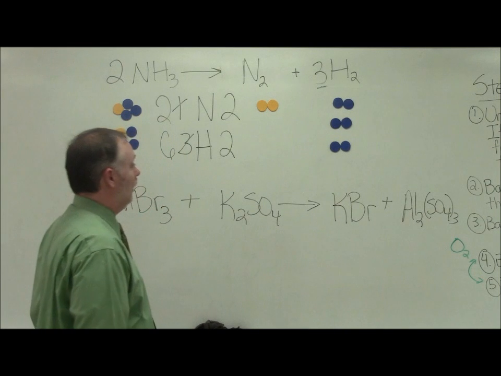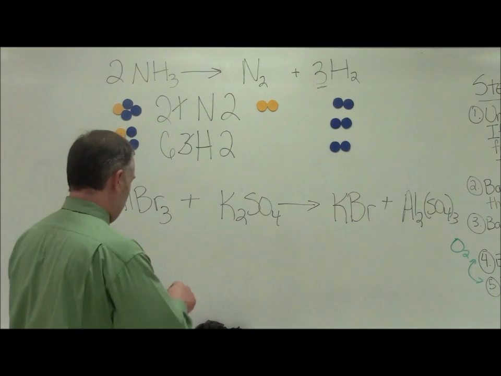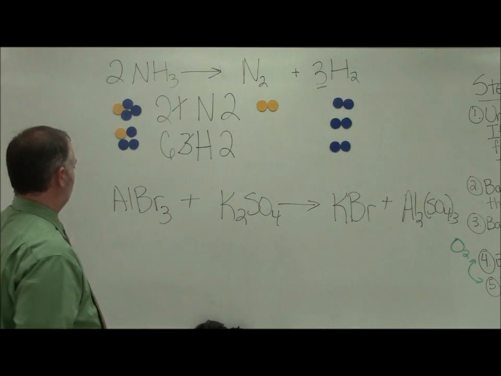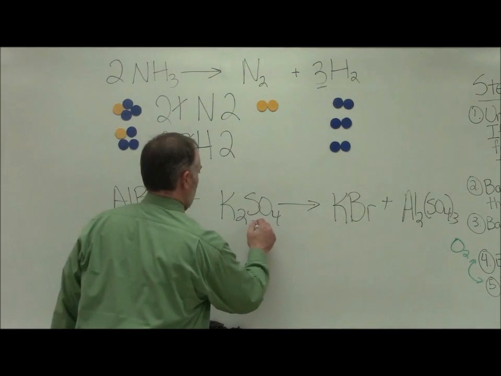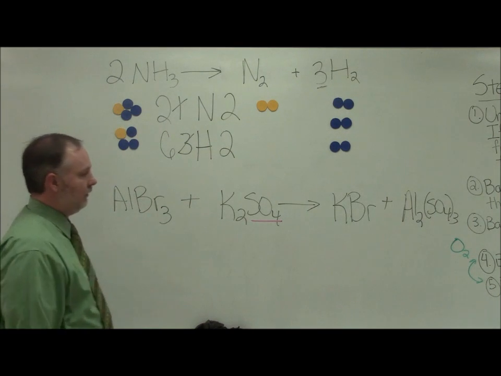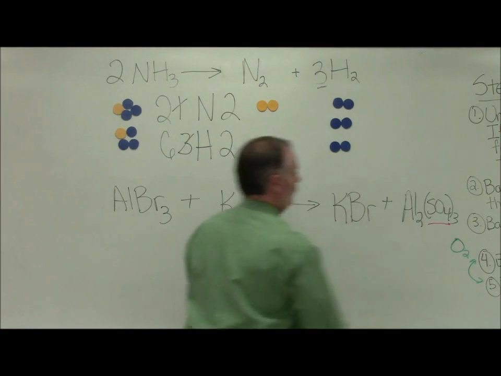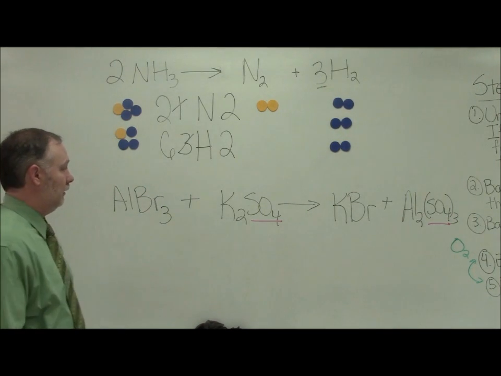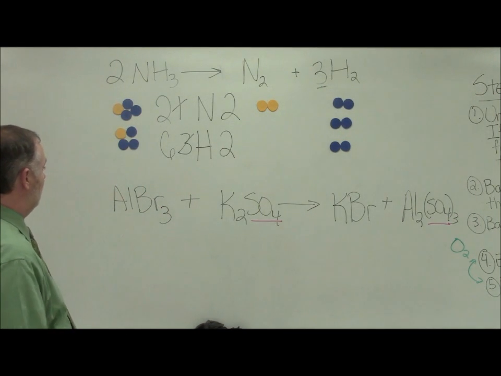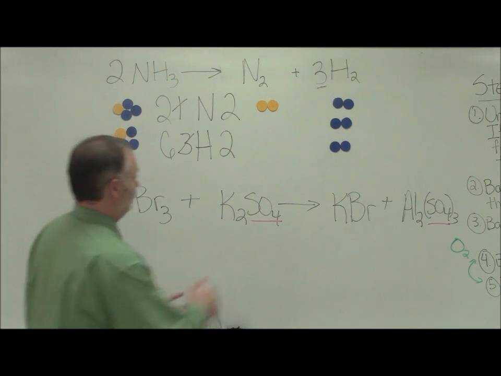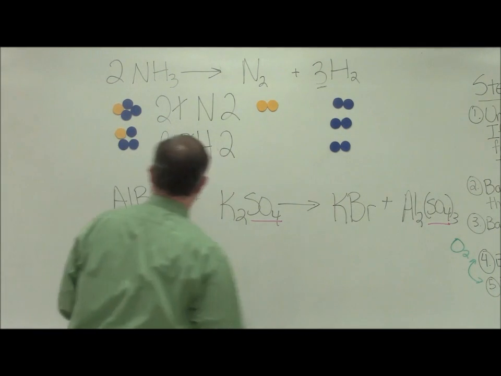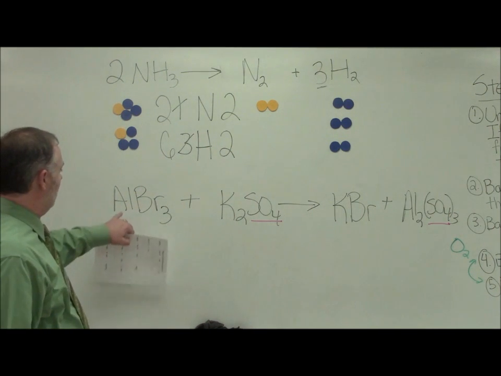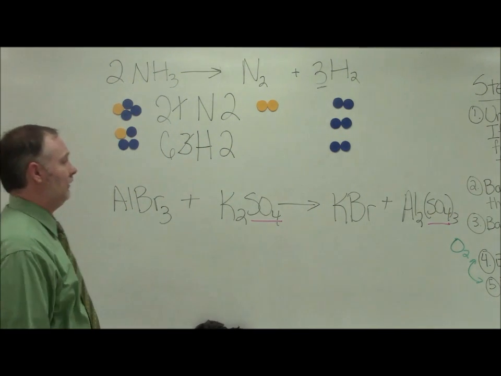Alright, no problem. Okay, so first step, underline the polyions, because if they don't change, you can balance them as a group. SO4 sulfate, SO4 sulfate. That's going to make our job a lot easier at the end here. Right? So let's now figure out the order. I'm going to go right down the middle with my arrow here. Any atoms that are not hydrogen and oxygen, I got aluminum, I got bromine, and I got potassium.